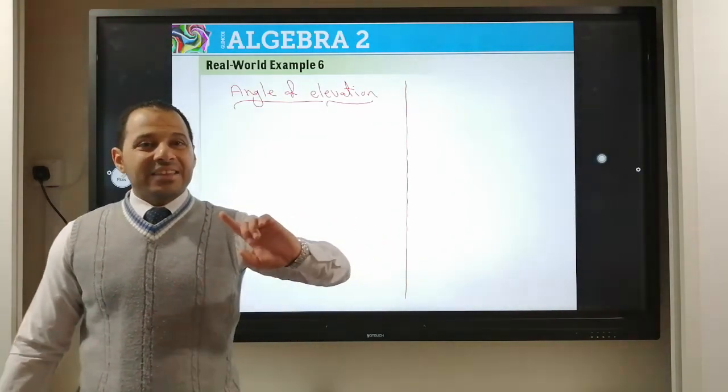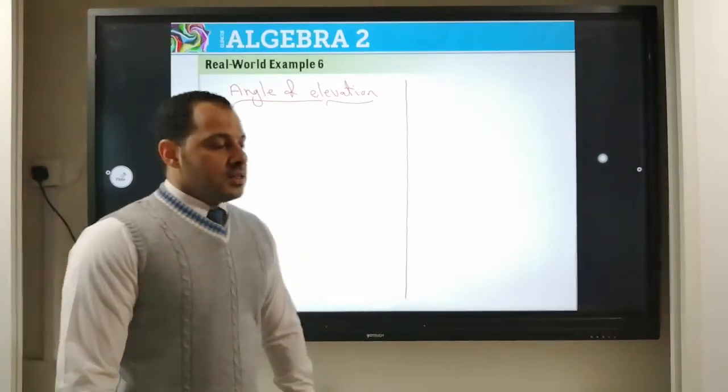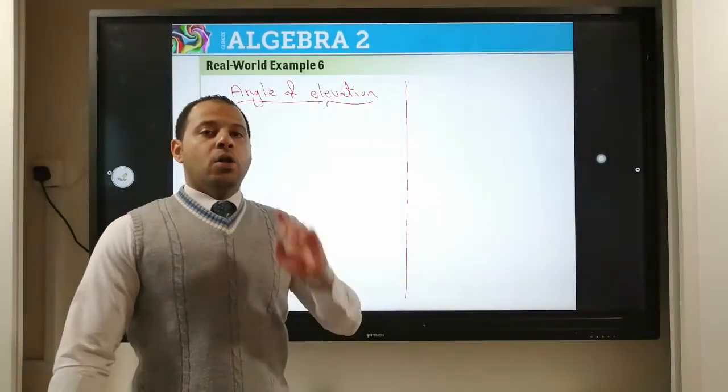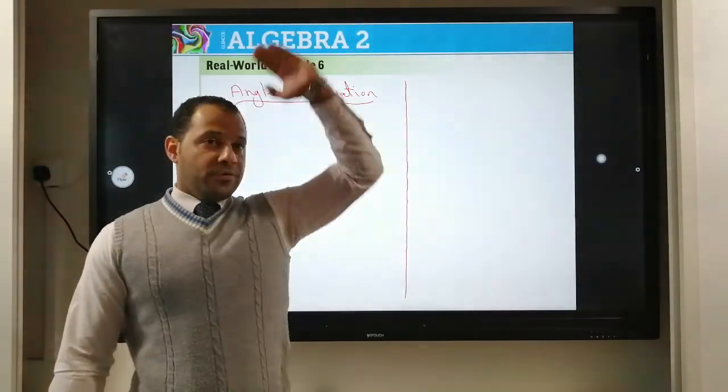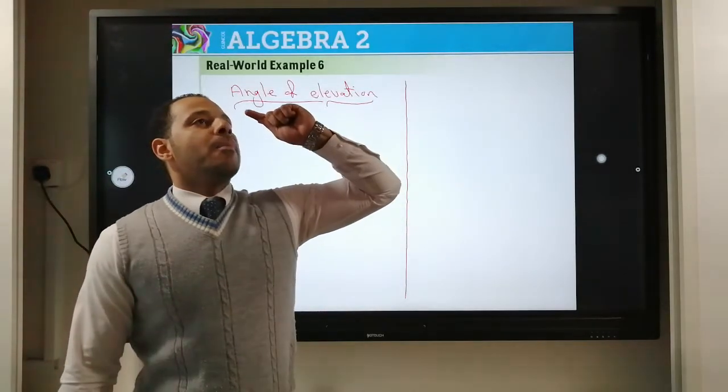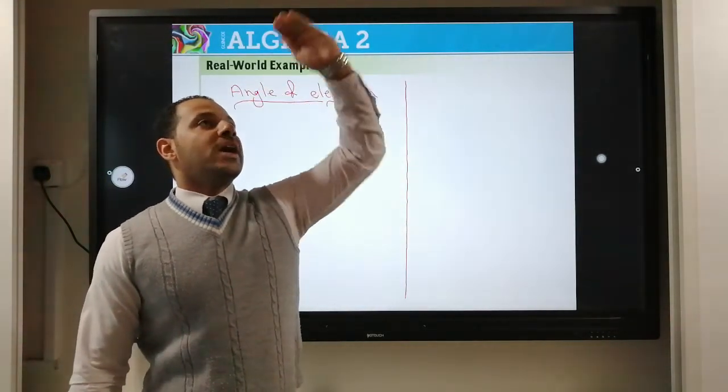The other side is the line of sight going up. It means if I stand like this and look at a plane, or at the top of a tower or a building, my line of sight is going up.